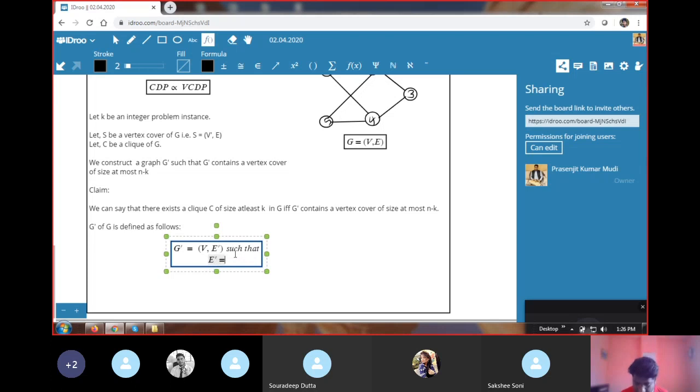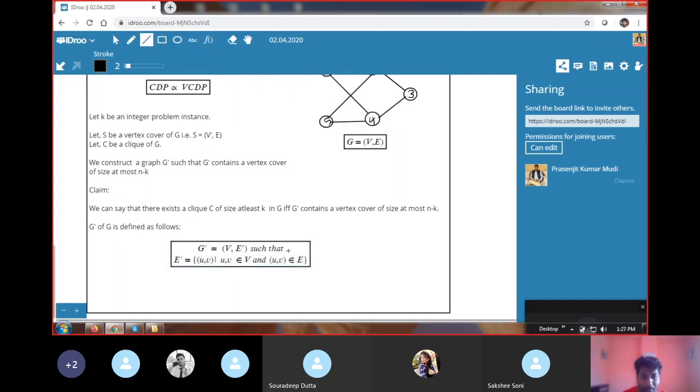E dash equals the set of all those edges U comma V, where U and V are vertices from V, but the edge U comma V does not belong to E. Okay, so this is the definition of the construction of G dash.